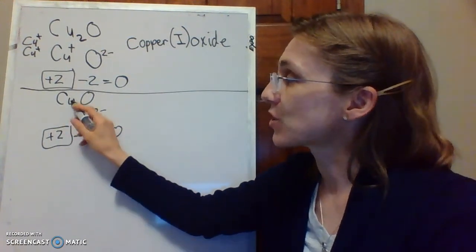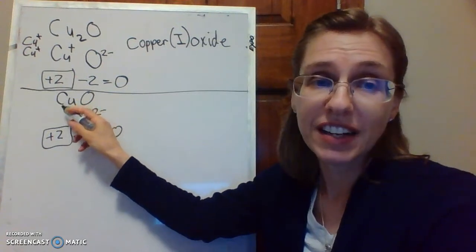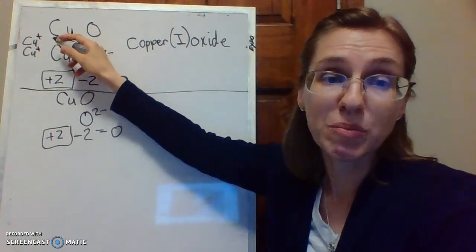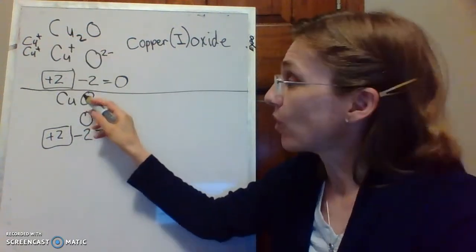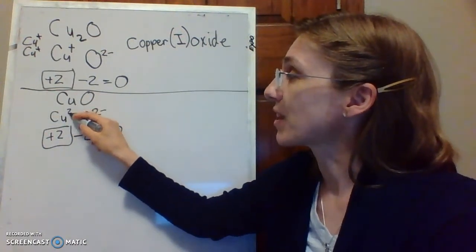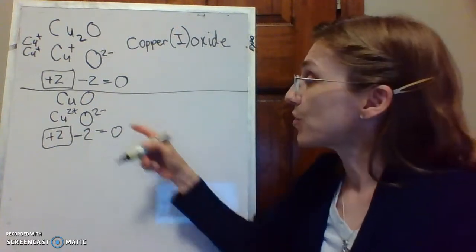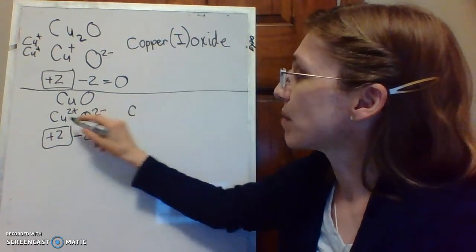That +2 has to go over one of the coppers. So we don't have to divide it among the two like we had to up here. That +2 goes totally on that one copper. So in this case, the copper gets the +2 charge. So this is now, we name the positive guy.